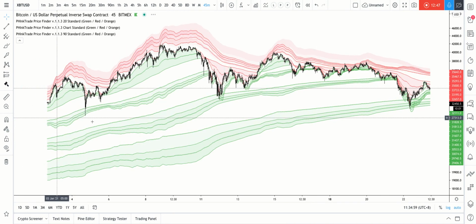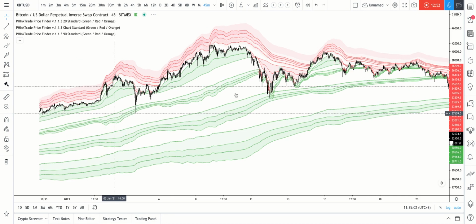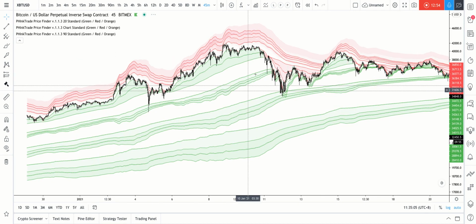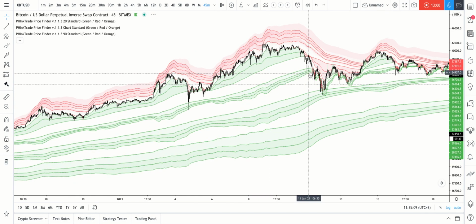And as you can see here, price really got this support over here, and it was good enough one more time over here, right? So you can see that price found support again from the 20 minutes support band or lower threshold band, right?